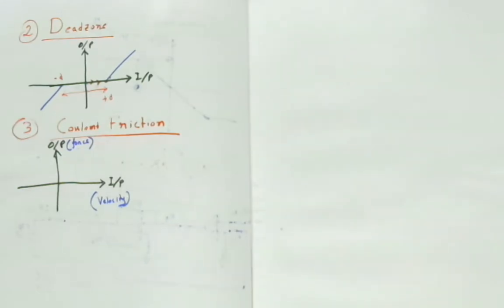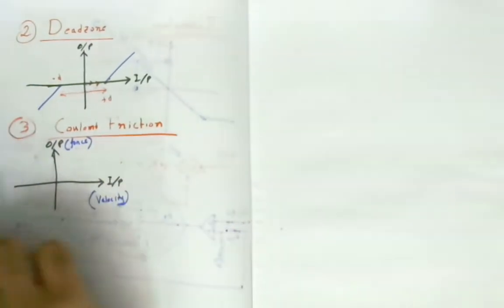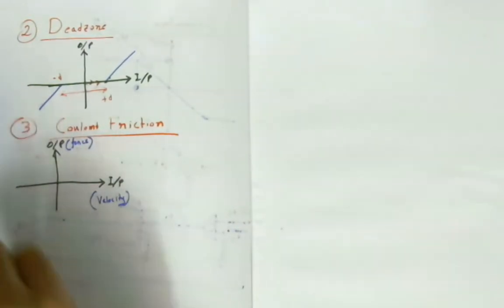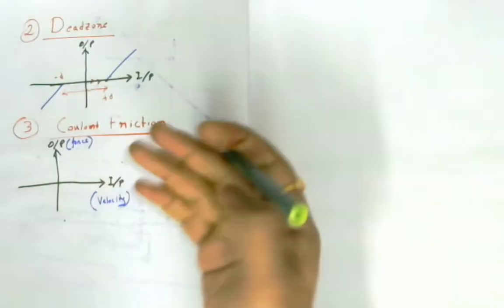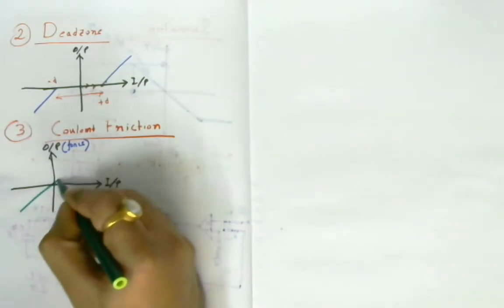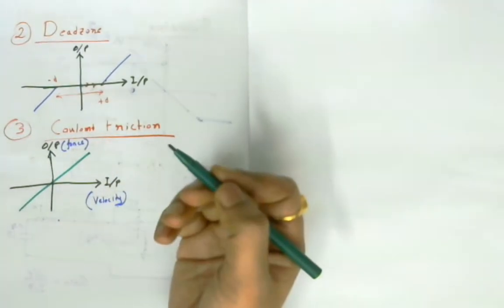There are various components of friction force. Number one is viscous friction. Viscous friction is linear in nature, because if I draw the curve of viscous friction, it looks like this.